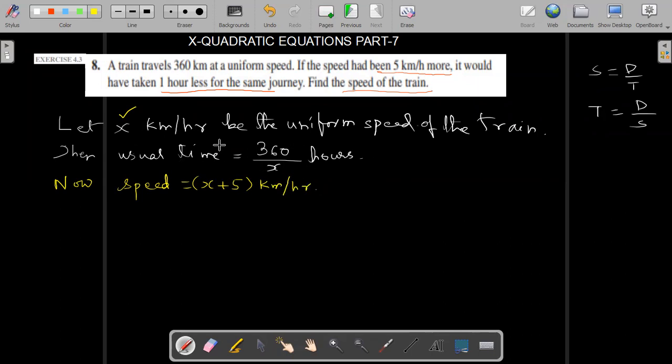And the time, what was the time? The usual time was 360 upon x. Now the time taken to move with this speed is 1 hour less than this time.